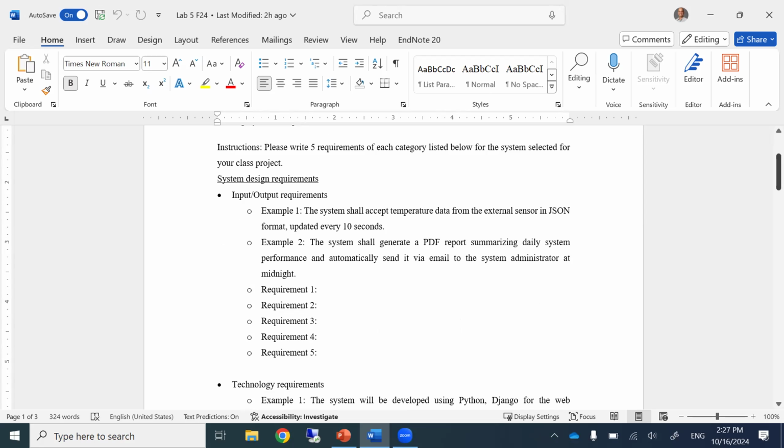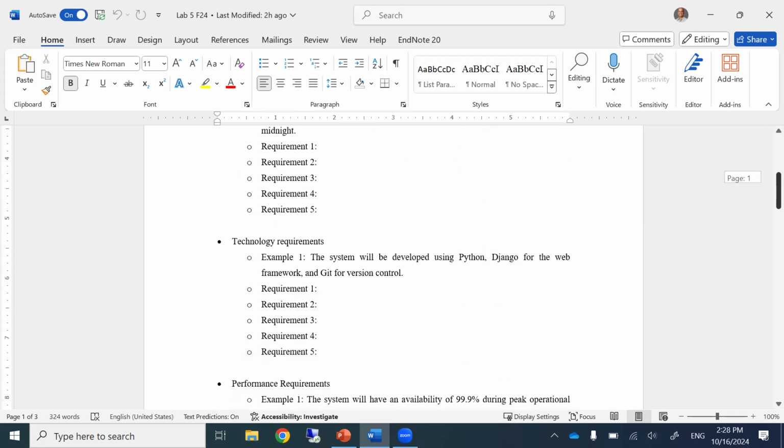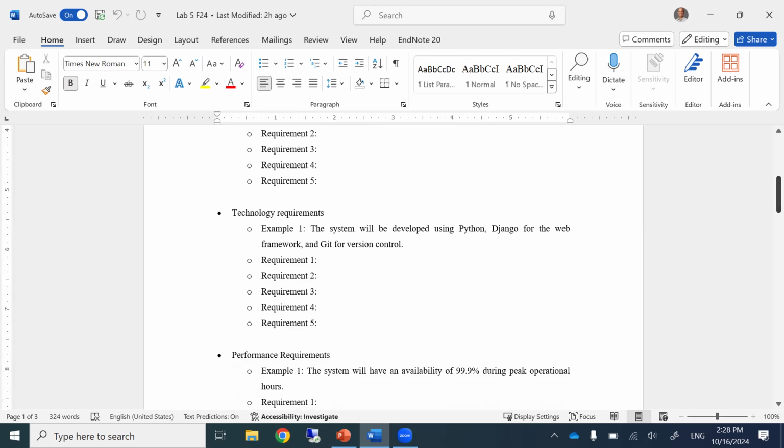The system shall generate a PDF report summarizing. That's more like an output type of requirement. Technology requirement: if you are using a specific coding language, that could be stated as a technology requirement.